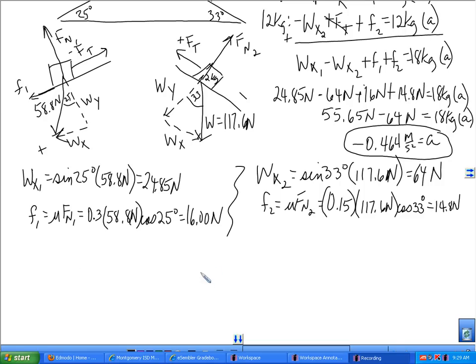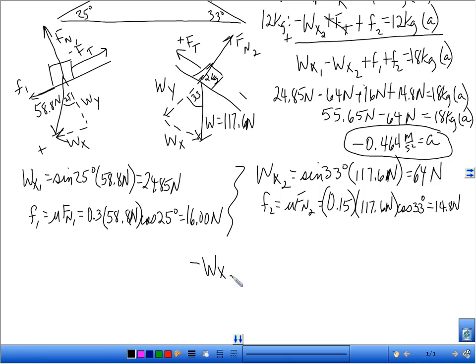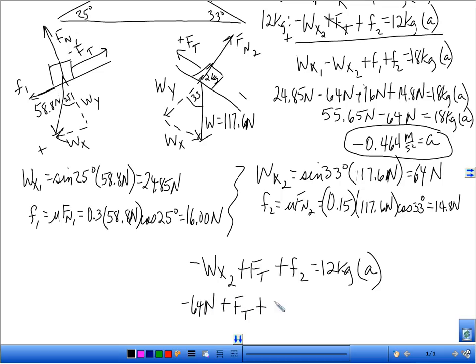So I'm going to pick the bottom one because I can see it clearly. Negative Wx2 plus Ft plus friction 2 equals 12 kilograms times A. Negative Wx2, my Wx2 was 64, and I need to make that be a negative 64 newtons, plus my tension force, plus my F2, which is 14.8, is equal to 12 kilograms times A. And I know my acceleration, so I might as well substitute that in there.